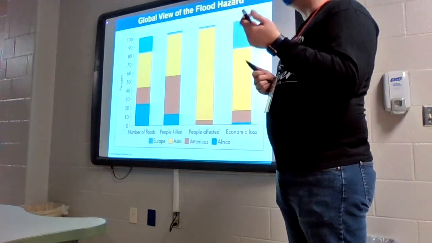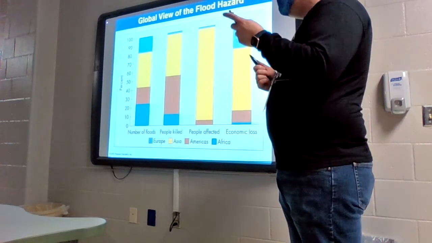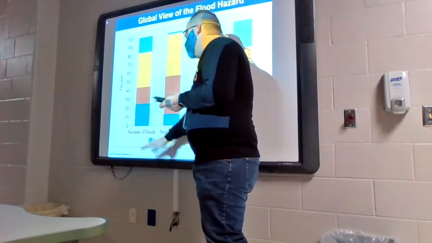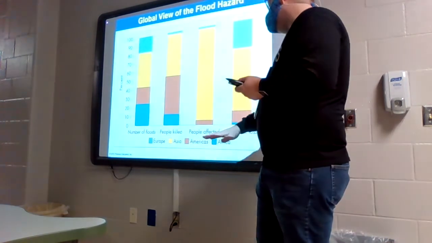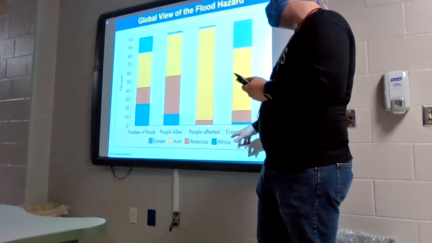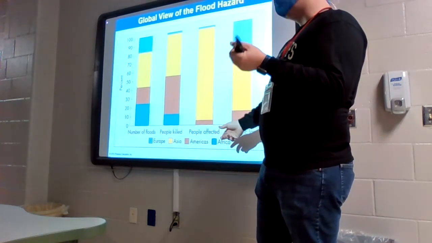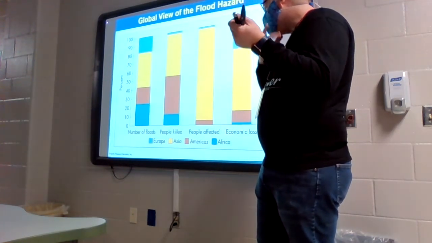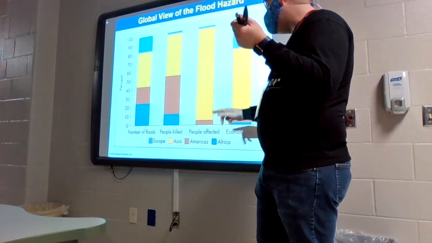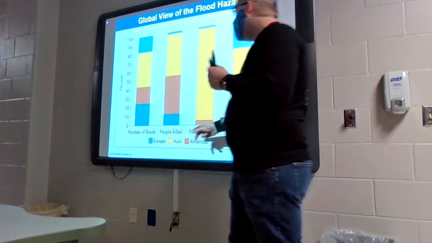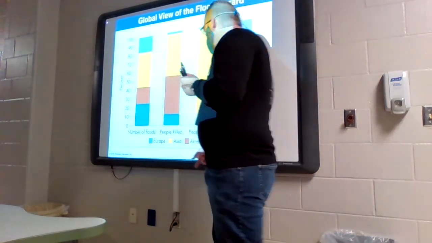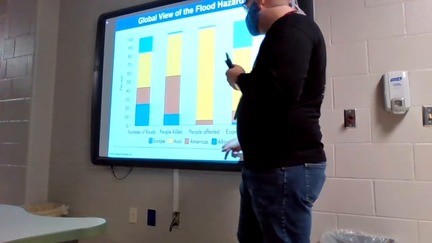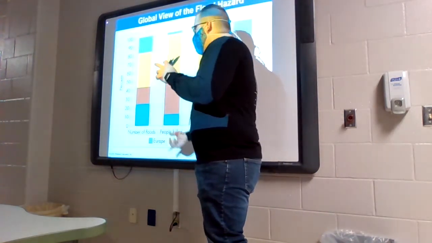This is actually a pretty interesting map. This shows you all of the floods, all of the people killed, all the people affected, and the economic loss per, not country, but let's say a continent in a way. And so you have Europe, Asia, Americas, and Africa. Let's just look at the Americas.